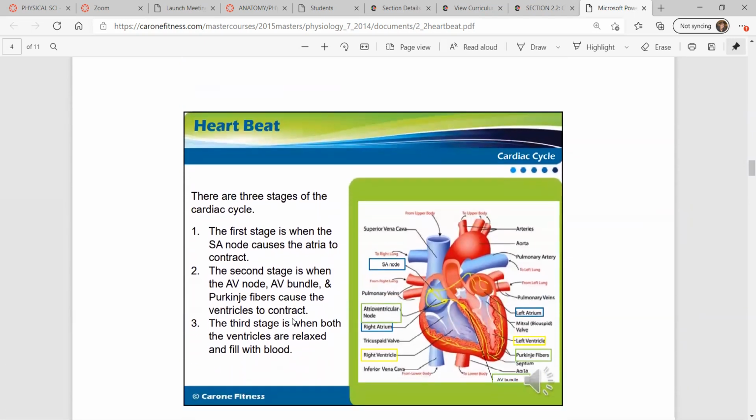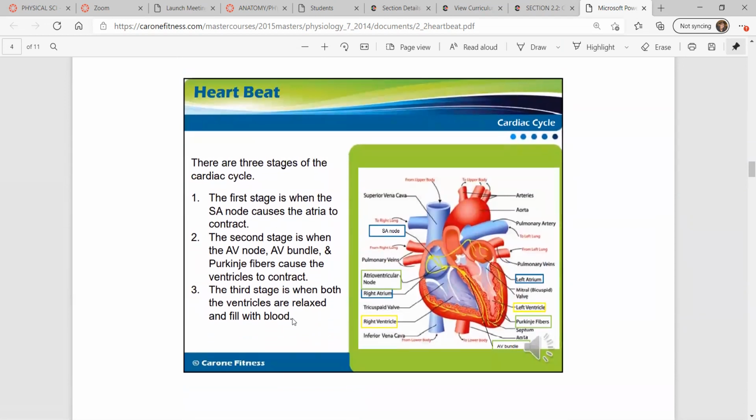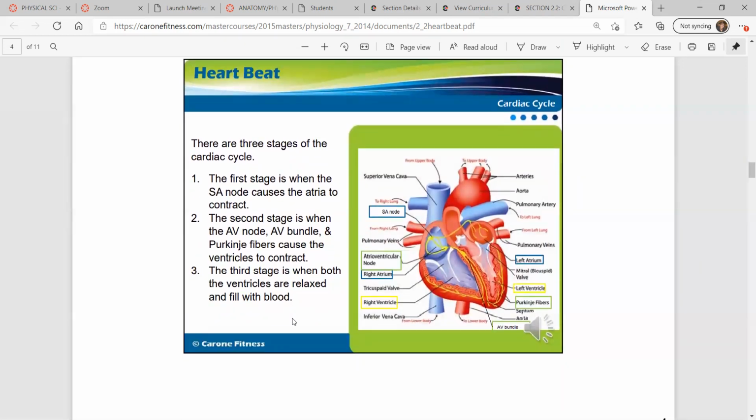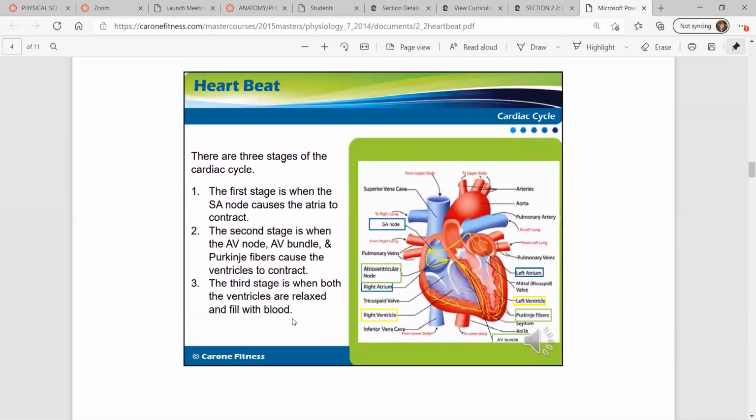And there are 3 stages of the cardiac cycle. The first stage is when the SA node causes the atria to contract. The second stage is when the AV node, the AV bundle, and the Purkinje fibers cause the ventricles to contract.